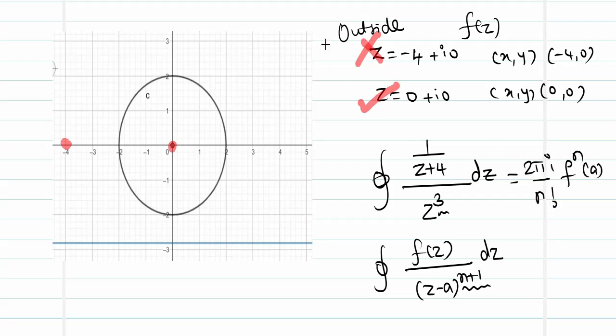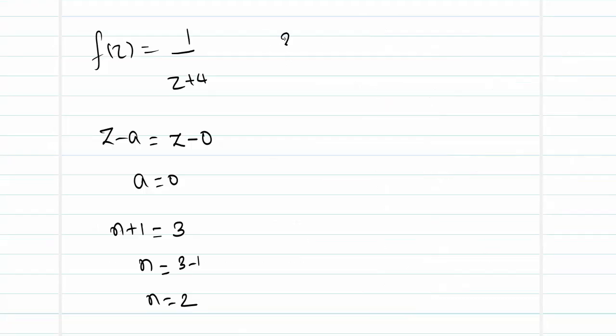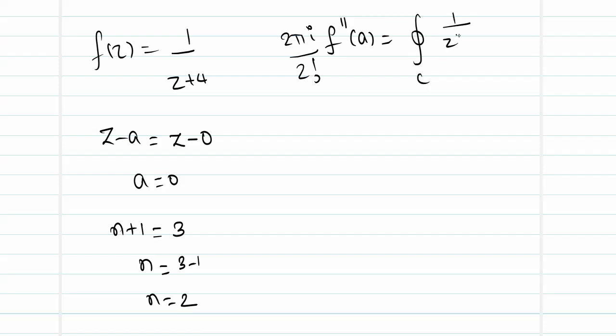So this is equal to 2 pi i divided by 2 factorial into f double derivative of a. So this is my value of the integral over c of 1 by z plus 4 divided by z cube dz. Now we are ready for the final task. 2 factorial and 2 can be cancelled off. What I want is f double derivative of a.